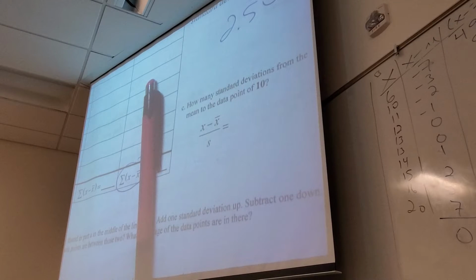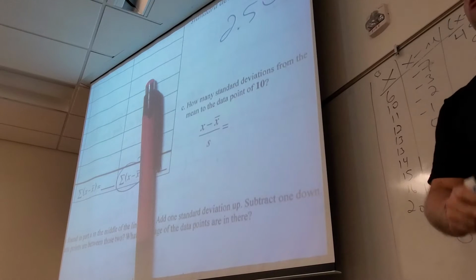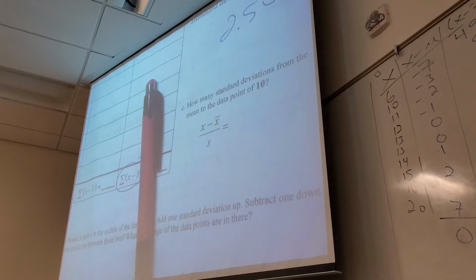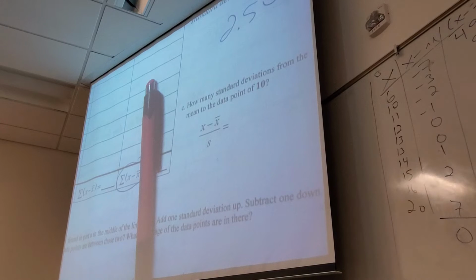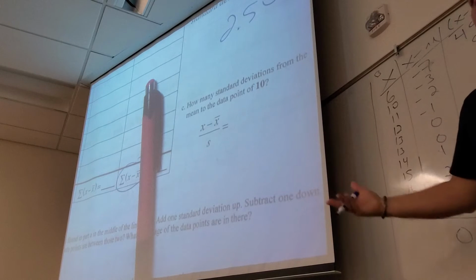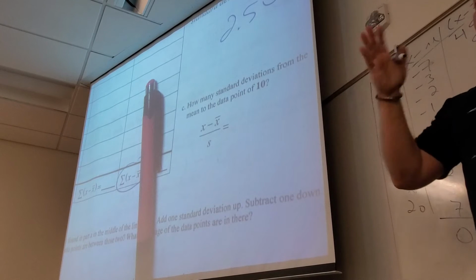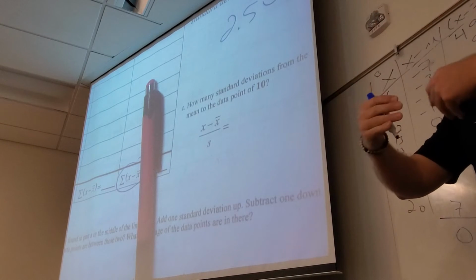If I have data that is really spread out, that standard deviation is huge, so I want to use big steps to walk around the data. If my data is tightly packed and I use too big of a step, I miss everything. So I often discuss standard deviation using the word steps.